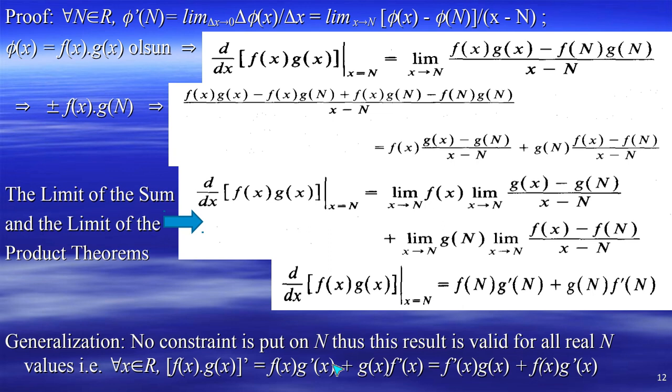But using the commutativity and associativity laws of multiplication and addition, I can just change the places of these two. I can say f prime of x times g of x plus f of x times g prime of x, which is the formula. You can use either this one or this one, but the last one is more common. All right.